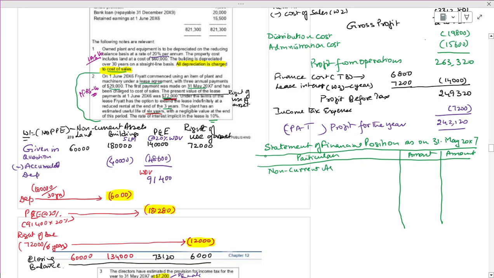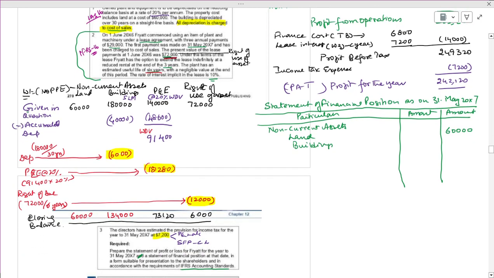Non-current assets. Show everything separately, it will help you. Land 60,000. Buildings, see the left hand side, 134,000.